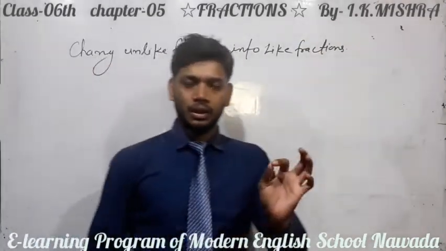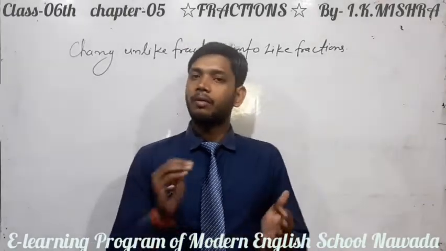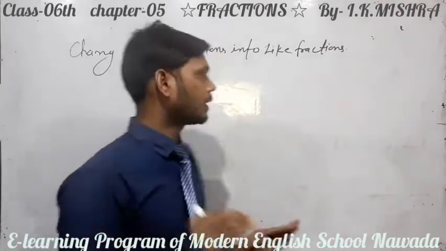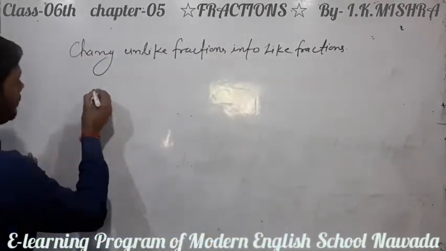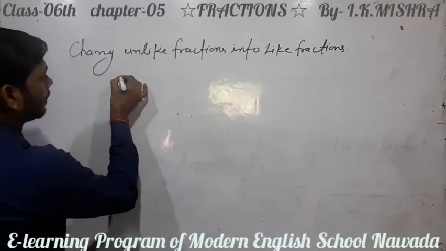For changing unlike fractions into like fractions, first of all, find the LCM of the denominators. Suppose, take an example.